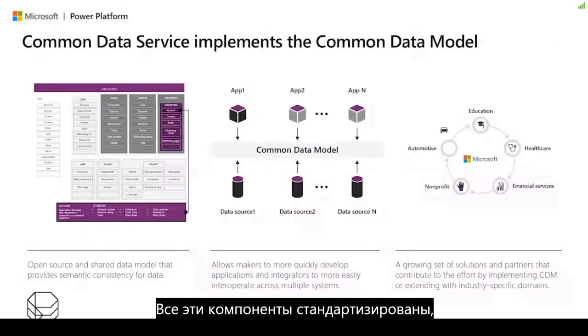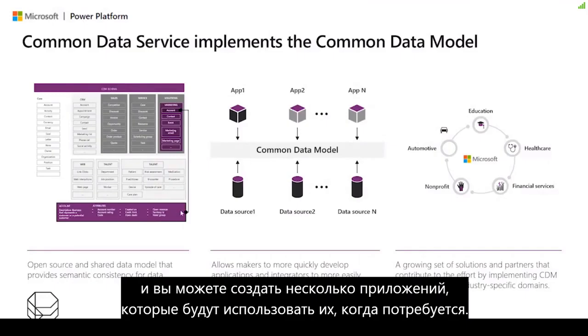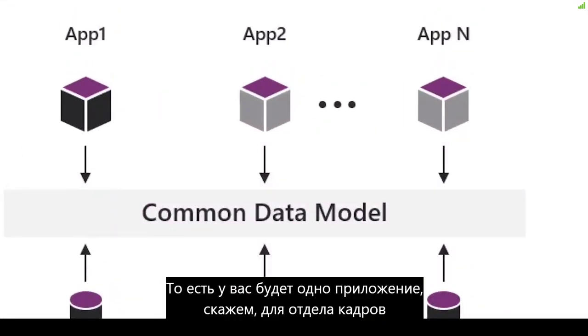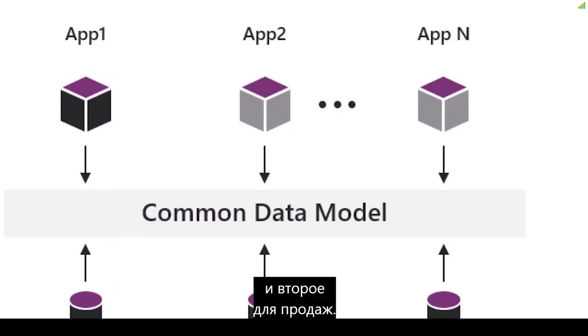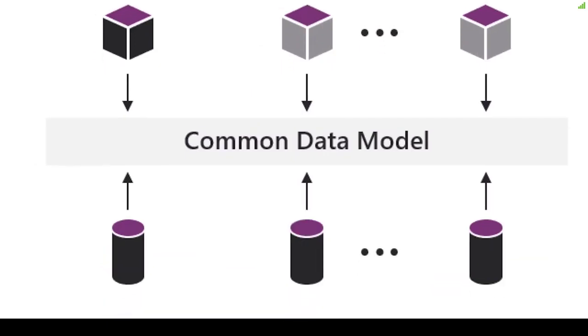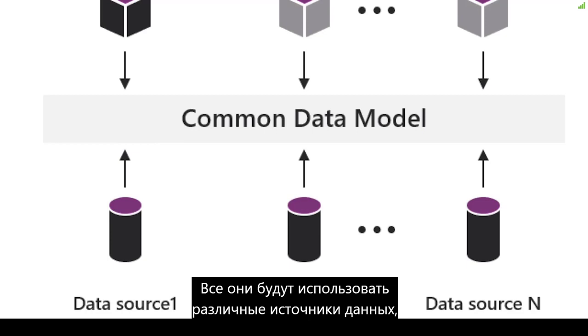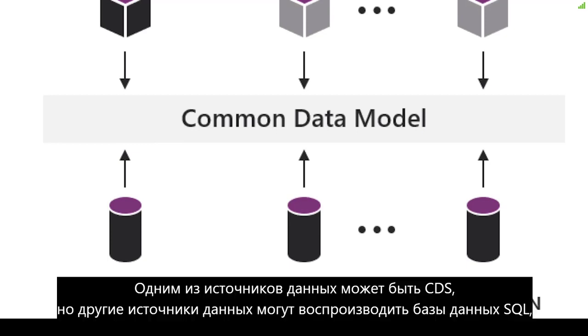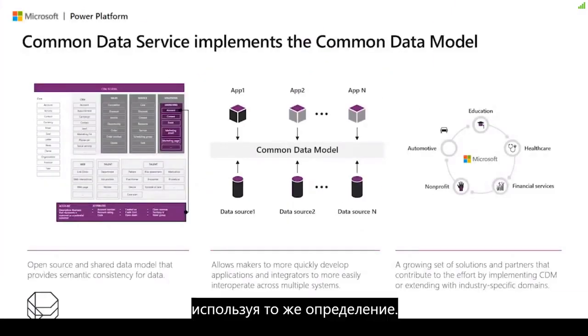All of those things are standardized, and then you can build a number of apps that will use them when they need. So you can have application number 1, that is, let's say, your HR app, application number 2, which is your sales app. All of that will be using different data sources that are built around the data model, or the CDM. And one data source might be the CDS, but other data sources might be plain SQL databases using the same definition.